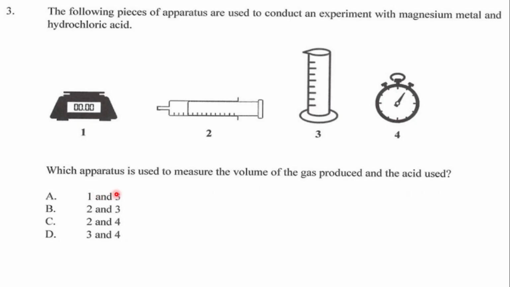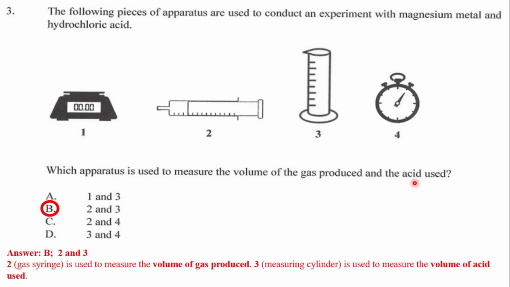Is it 1 and 3, 2 and 3, 2 and 4, or 3 and 4? We need the apparatus used to measure the volume of gas produced and the volume of the acid used. So the correct answer is definitely going to be B, 2 and 3.